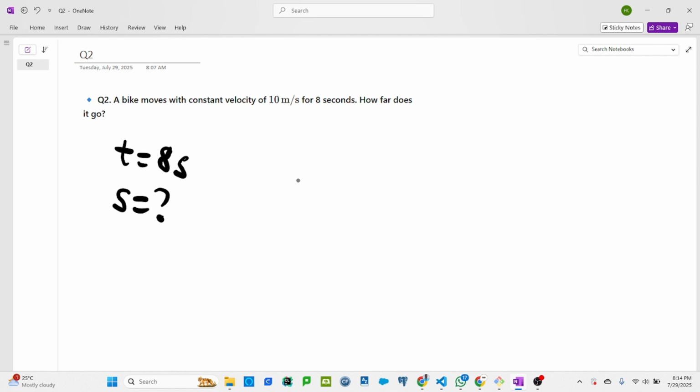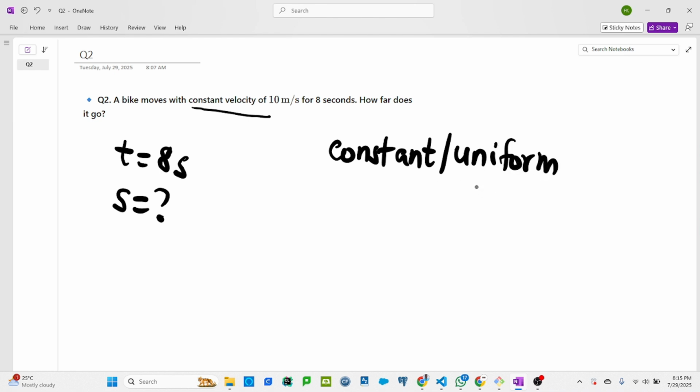Sometimes they don't use the word constant. They can say it moves with a uniform velocity. So it can be constant or uniform velocity.